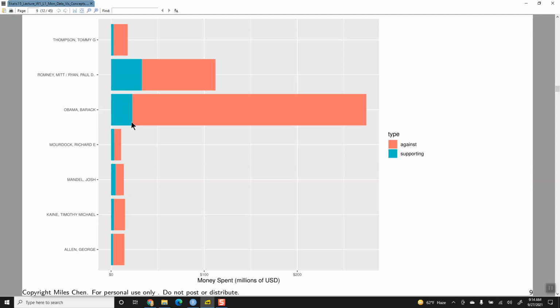So if you assume positive spending on Obama and negative spending on Romney is kind of the Democratic spending, and the positive on Romney and the negative on Obama is Republican spending, you can see there was a lot more money spent by the Republicans than the Democrats in this case.